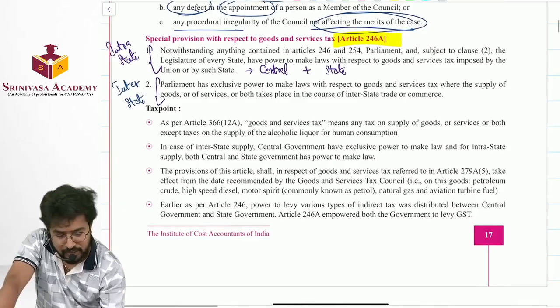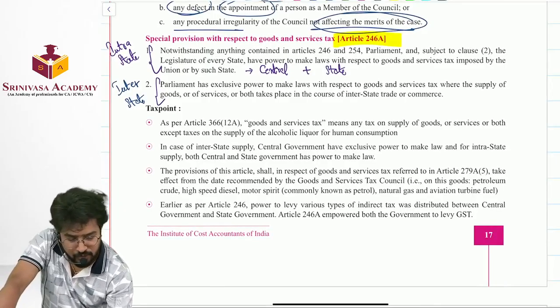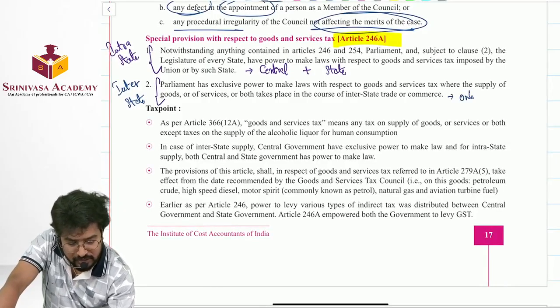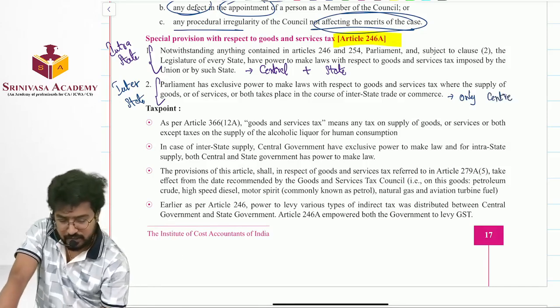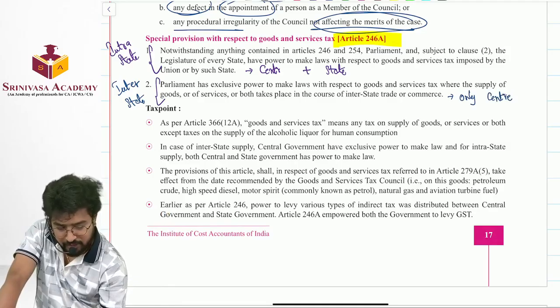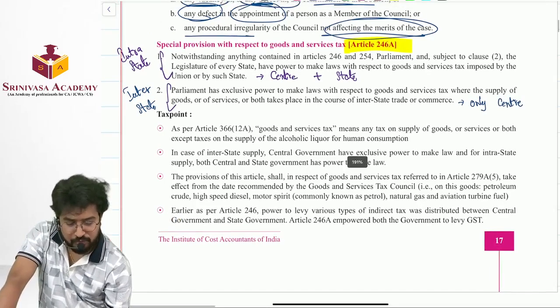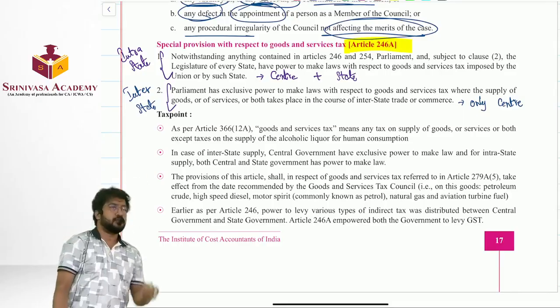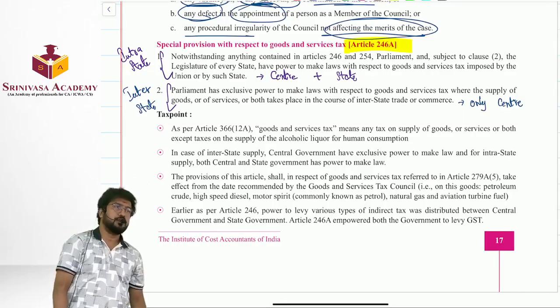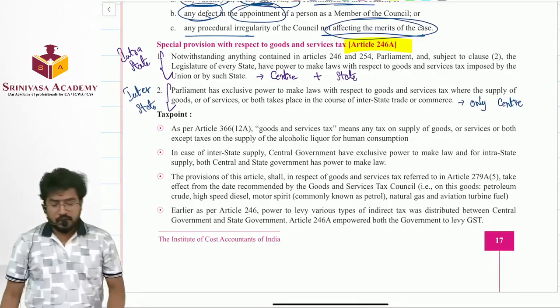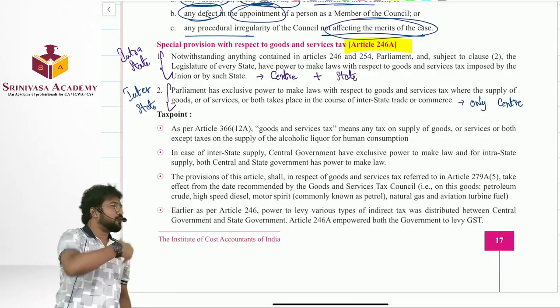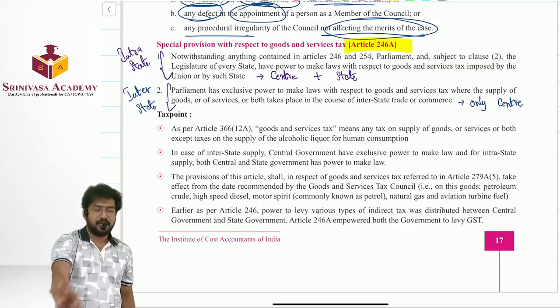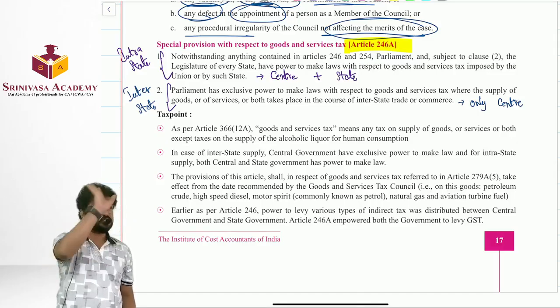In case of inter, only central government, only center, you can say. Only center. Am I clear, everyone? Now, please understand, don't worry about the technicalities. The analysis I am teaching you right now, let us just remember that.